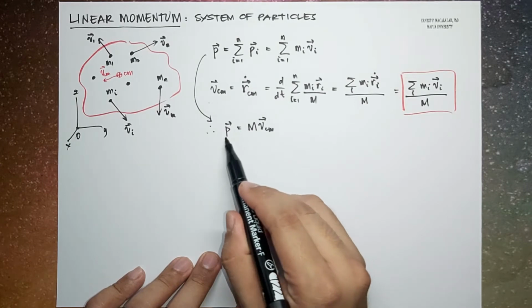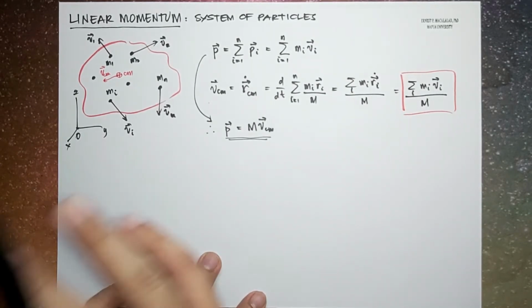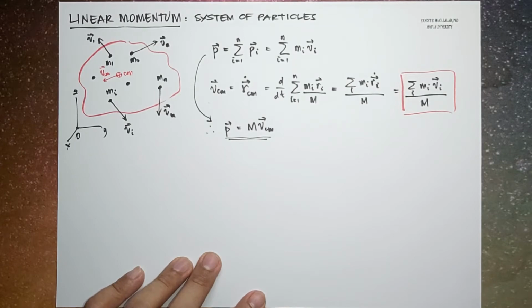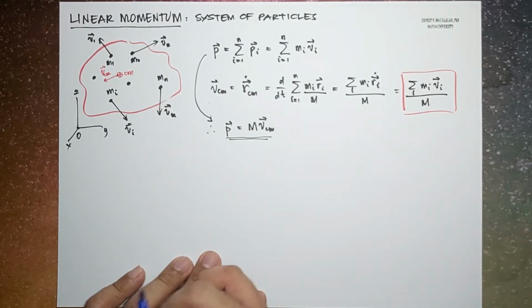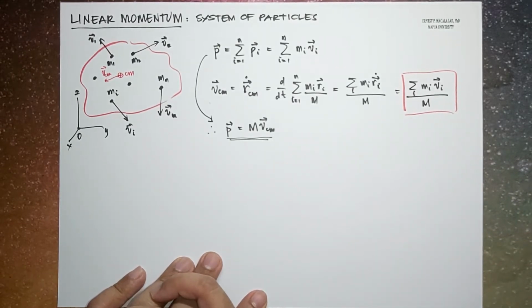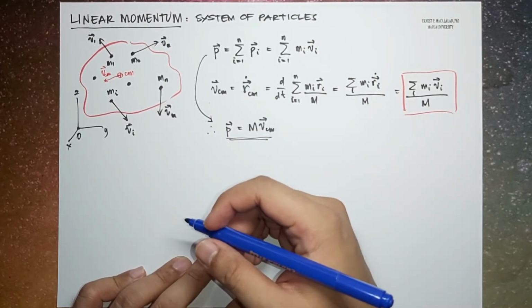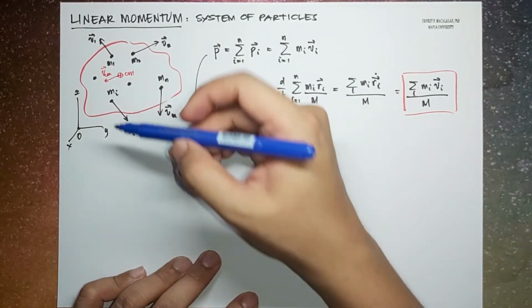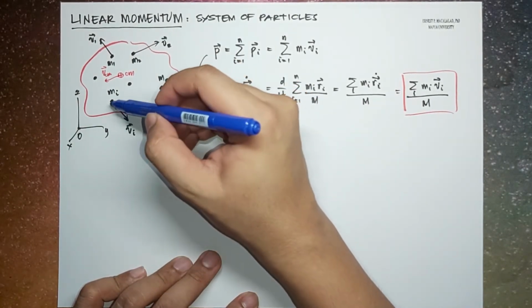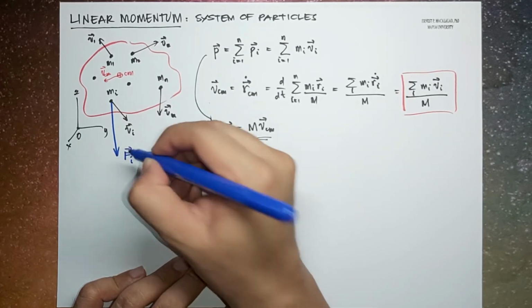So here we can see that there is some kind of collective behavior among the system of particles. Now let's say that there is an external force that acts on each individual particle. So for example, this representative particle mi has an external force Fi.